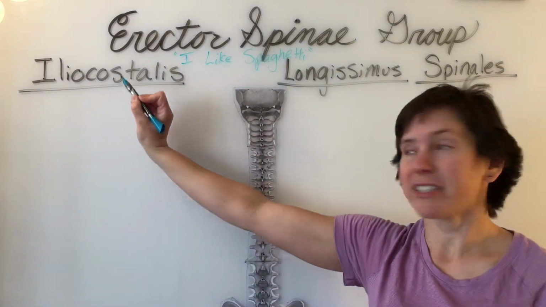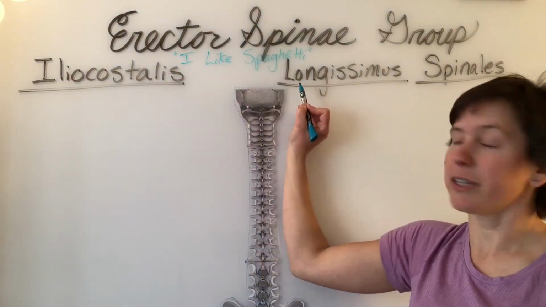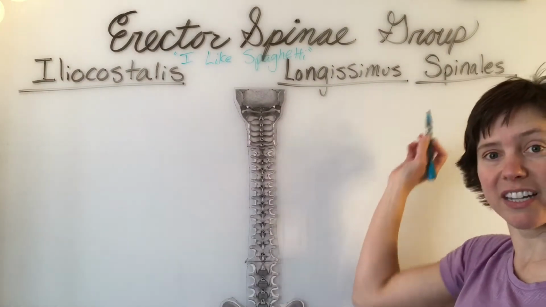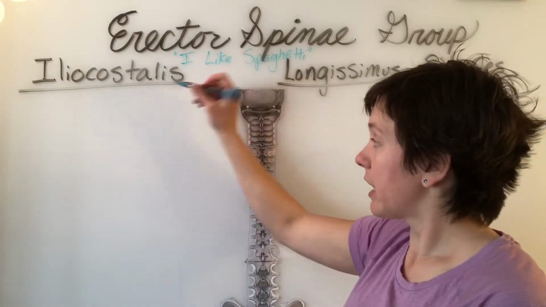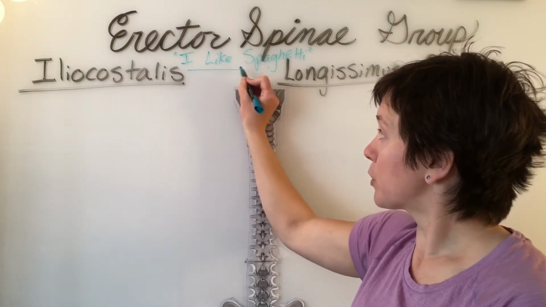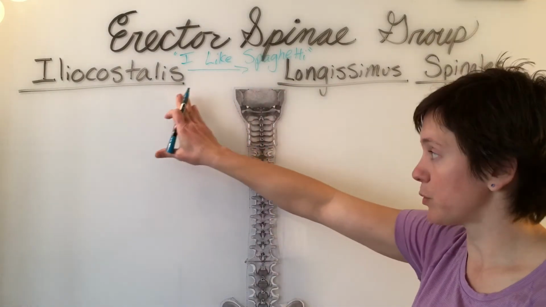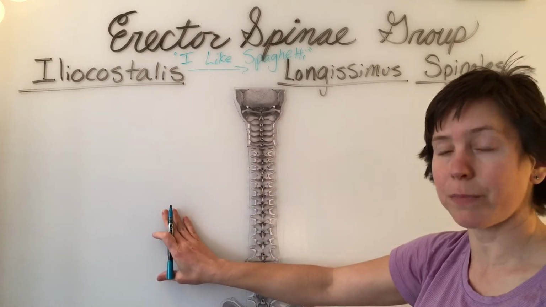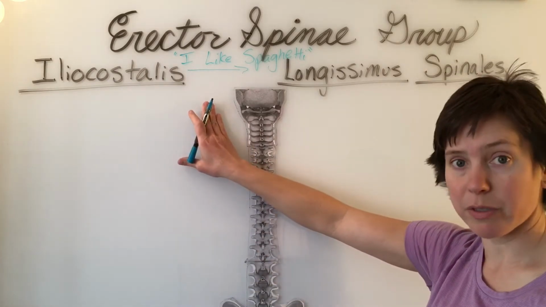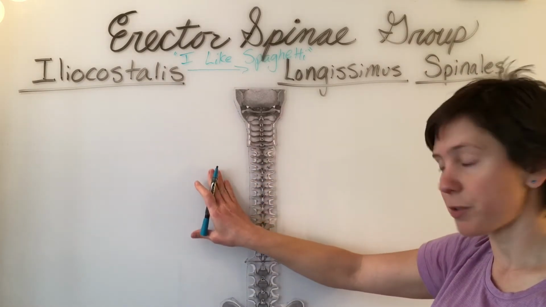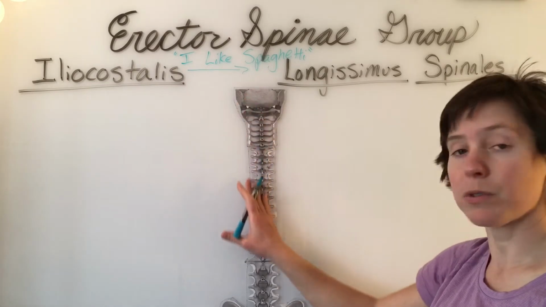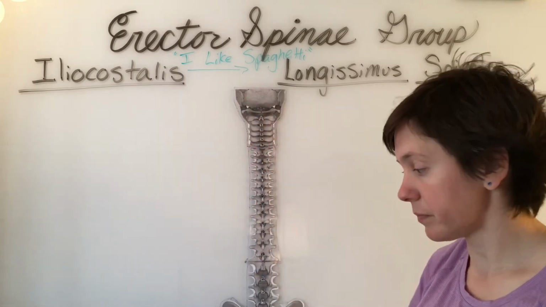I for Iliocostalis, L for Longissimus, and S for Spinalis, and it works its way laterally towards medially. So the Iliocostalis muscles will be the most lateral, the Longissimus muscles will be in the middle, and the Spinalis muscles will be most medial.